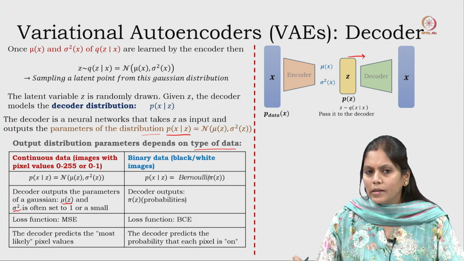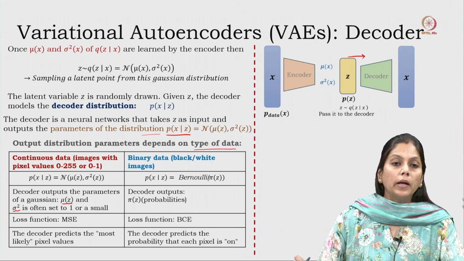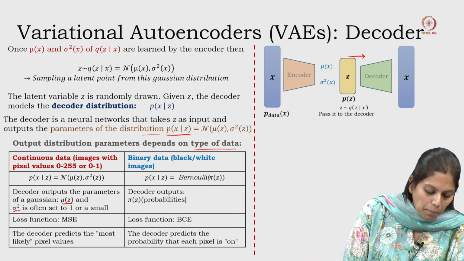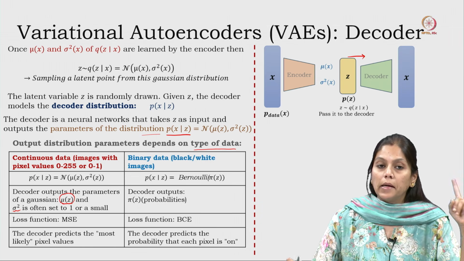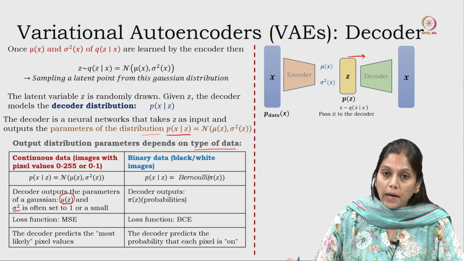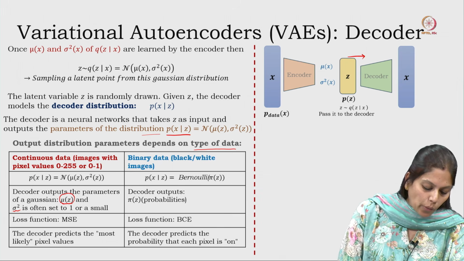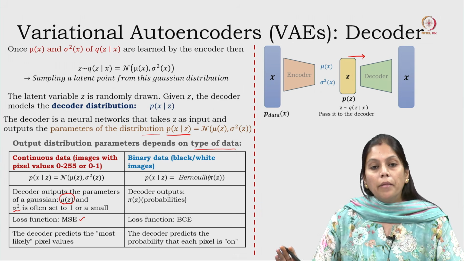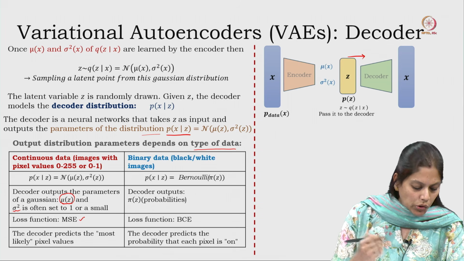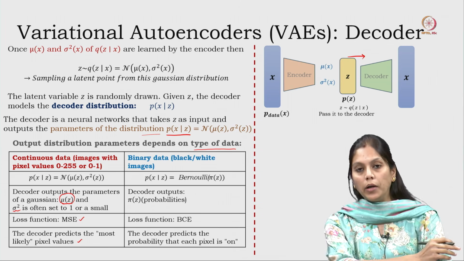Often the variance is set to 1 or to a small value. Therefore, the decoder is going to give us the mean value. If the decoder is reconstructing continuous data, then the loss function that we will be using here is the mean square error, MSE loss. The decoder predicts the most likely pixel value. This is the ultimate aim of a decoder.